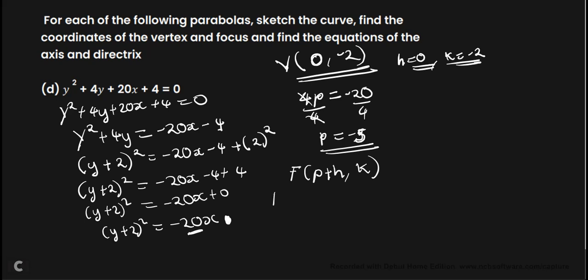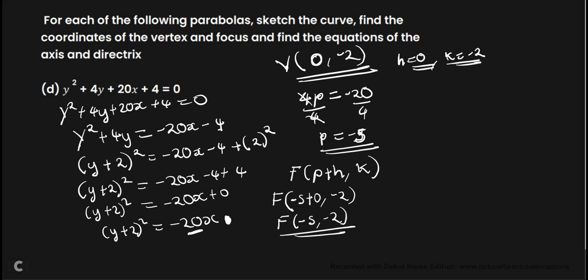So let's find the answer there. What was p? It was negative 5. What was h? It was 0. Then what was k? Negative 2. Such that your focus in this situation is negative 5, comma, negative 2. So this is your focus.